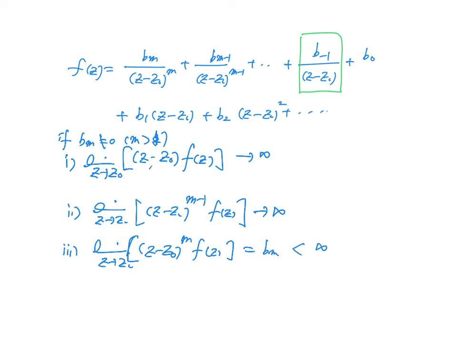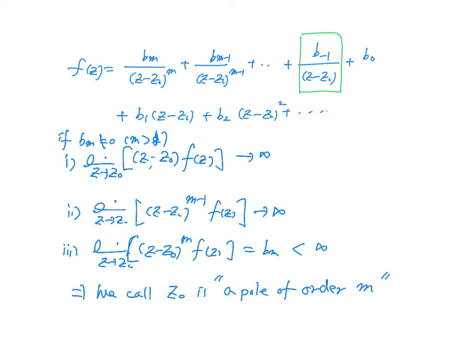Which is finite. In this case, we call the singularity, we call z naught a pole of order m.